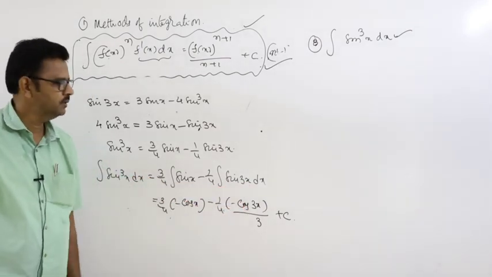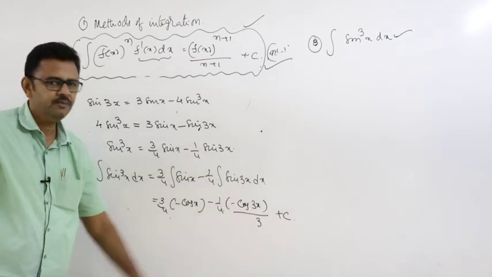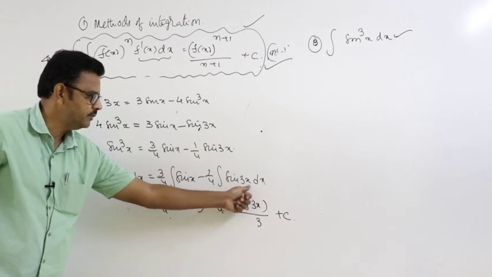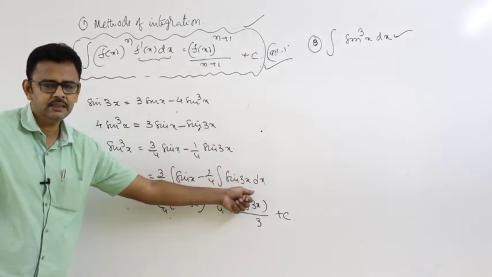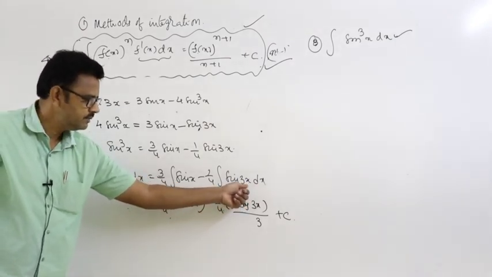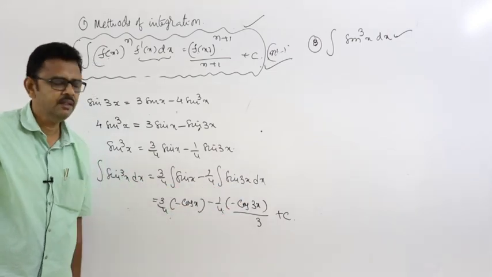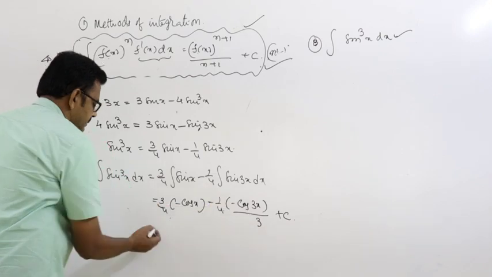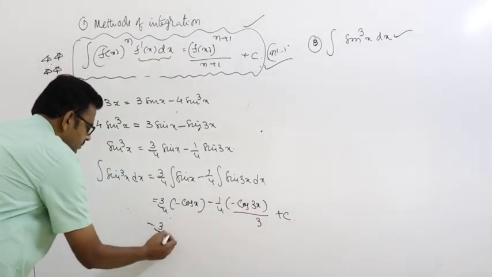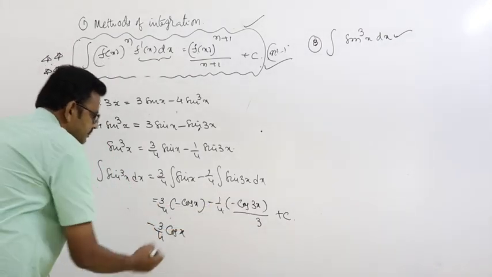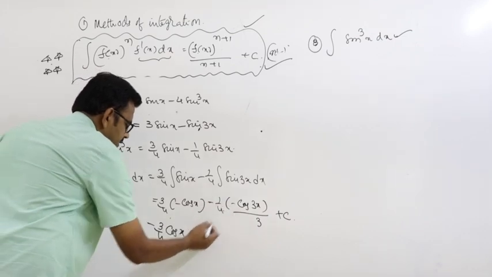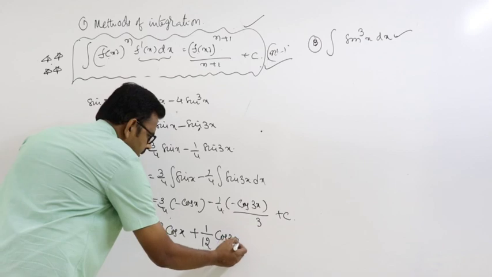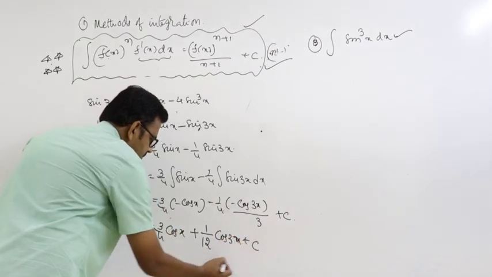So this is a sin of ax plus b form. Integral of sin x is minus cos x, but the derivative of this is 3. Of course minus of minus becomes plus, so minus 3 by 4 cos x minus of minus 1 by 12 cos 3x plus c. This is one method.